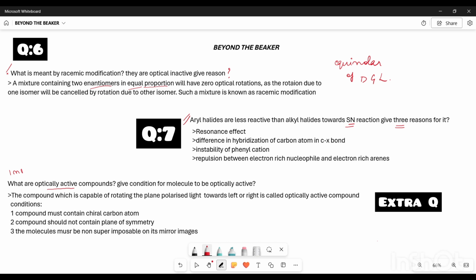What are the conditions for a compound to exhibit optical activity? The first condition is that the compound must contain a chiral carbon atom, or asymmetric carbon atom. Second, the compound should not contain a plane of symmetry. Third, the molecule must be non-superimposable on its mirror image.